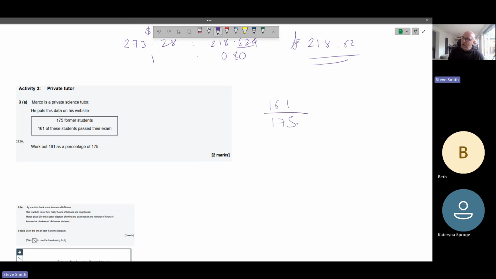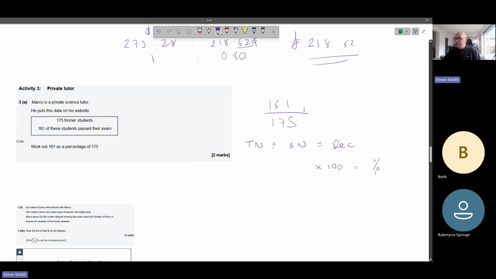But when we've got any fraction at all, to get the decimal, we go top number divided by bottom number. That gives us our decimal, every time, doesn't matter how big or how small the fraction is. And once we get our decimal, we simply times it by 100 to get our percentage. And that's how we're going to work it out.